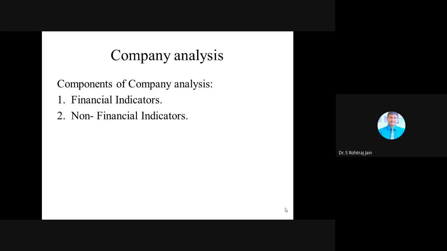So first we'll understand quantitative indicators of company analysis are the financial and the operational indicators of the company, right? Whereas qualitative factors influence investment decisions to a large extent. So qualitative factors are the management reputation, name of the company, operational plans of the company for the future, and so on.